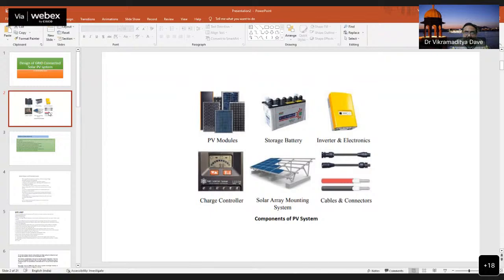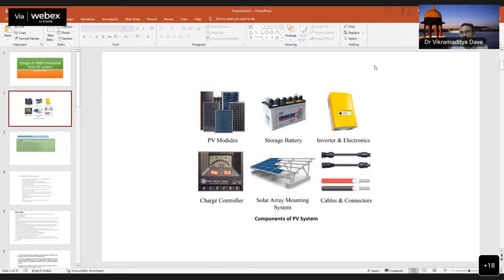In my very first lecture, I told you that the technologies of monocrystalline and even monocrystalline bifacial modules are now common in the market. Though the efficiency has increased by 5 or 10%, we are still not able to reach 40% efficiency. Then another is the battery system.